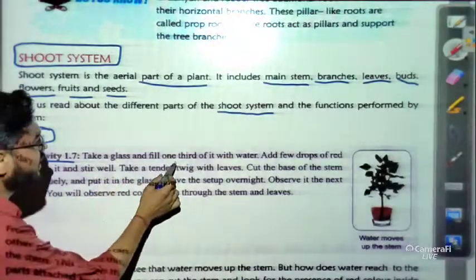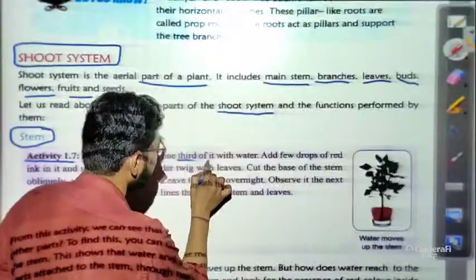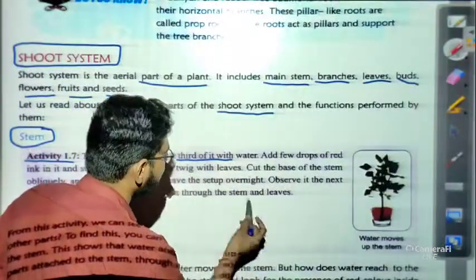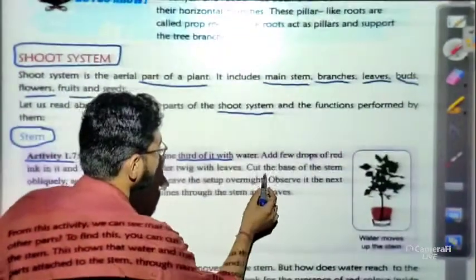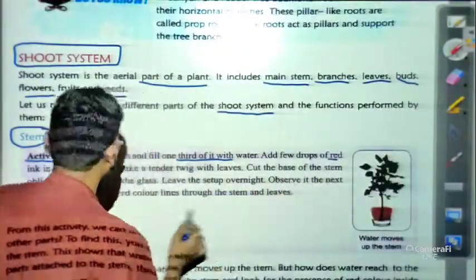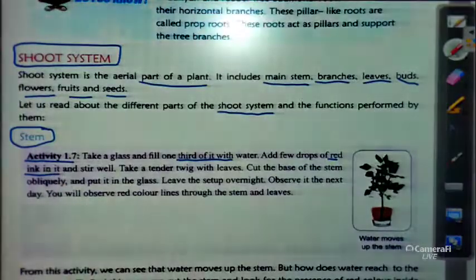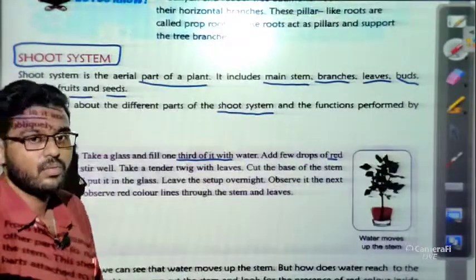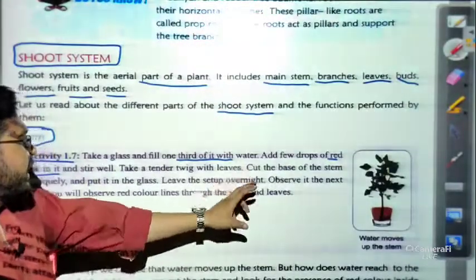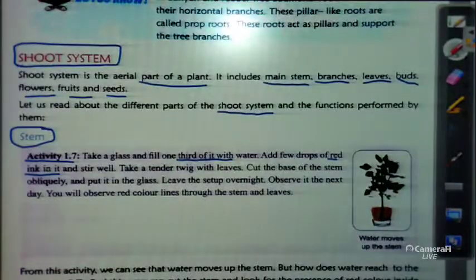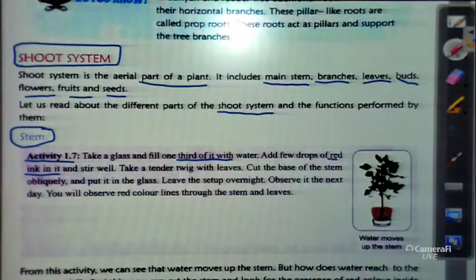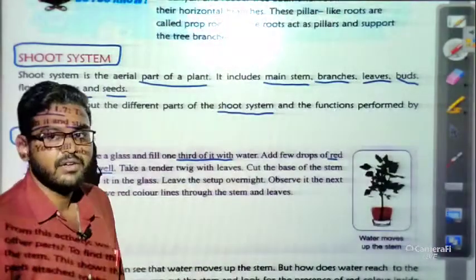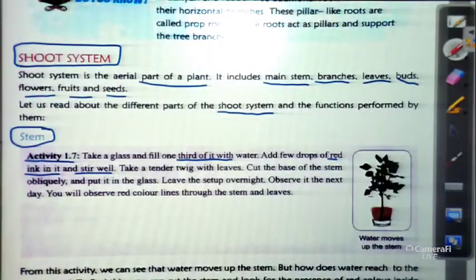Take a glass and fill 1/3 of it with water, and add a few drops of red ink to it. Stir very well, so that the red ink mixes with the water properly.